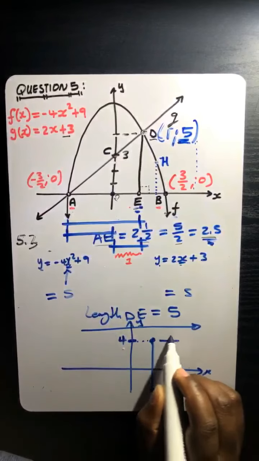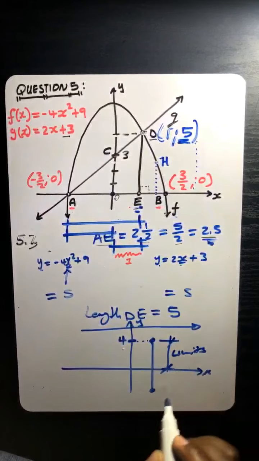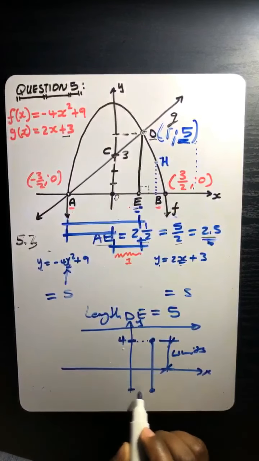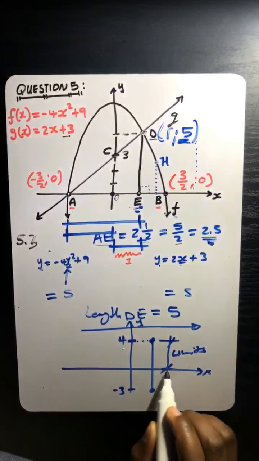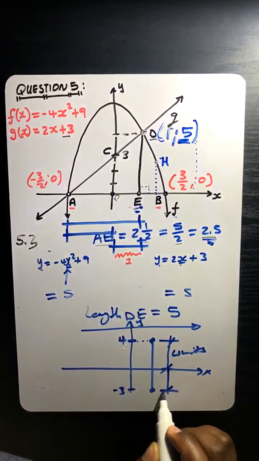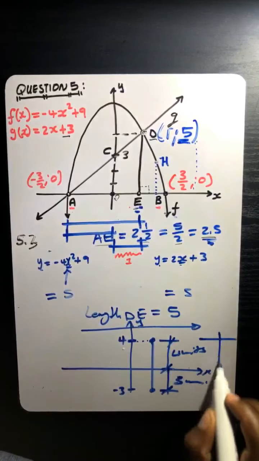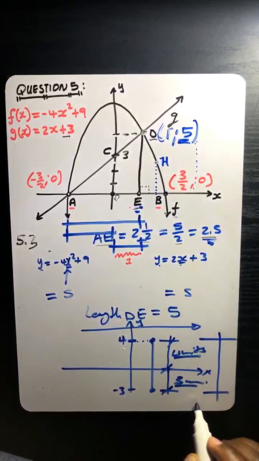So from there to there is 4 units. Then again, you use a formula to calculate that, and maybe you get -3. So from there to there it is actually 3 units. So from there to there, it is that plus that, being 7 units.